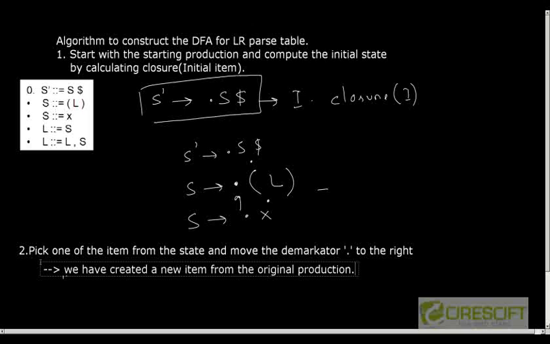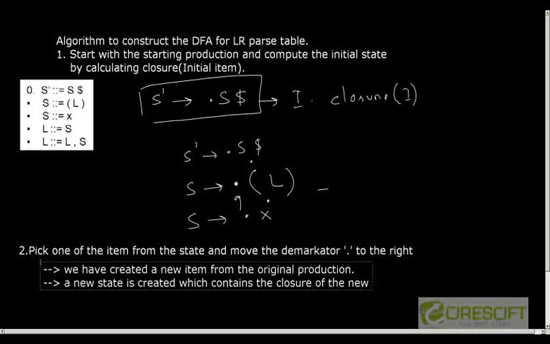Second is we have also created a new state, which contains the closure of the new item. Whatever new item I have created by moving the demarcator to the right, I need to calculate the closure of that item.